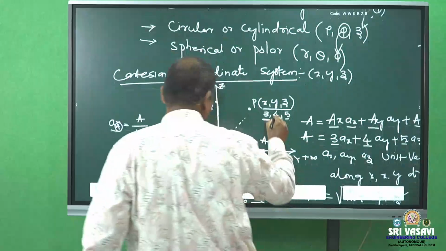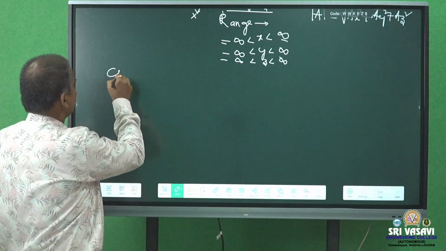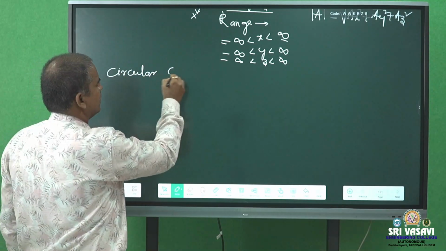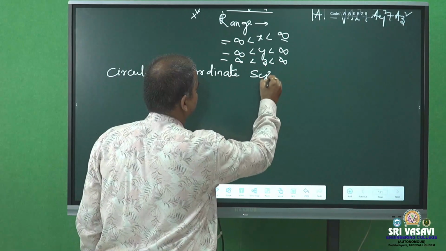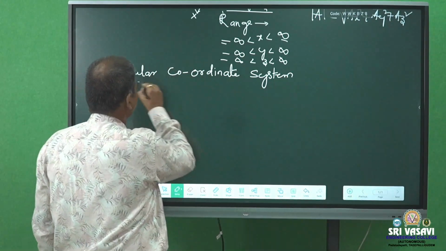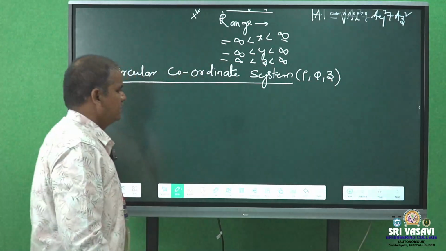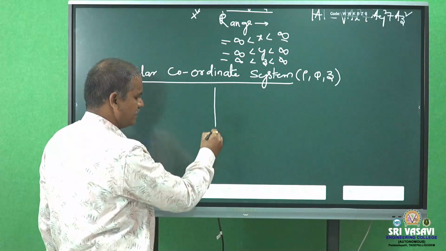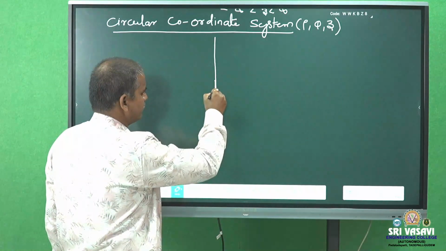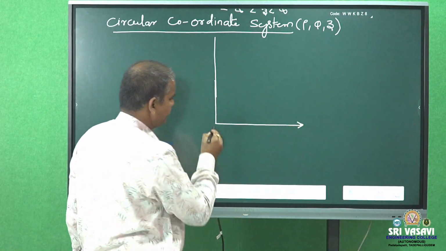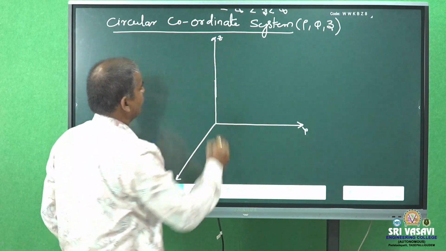We will first represent the basic coordinates x, y, z, and then represent them in circular.